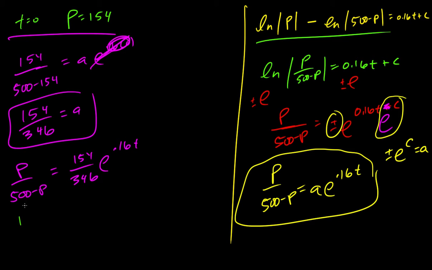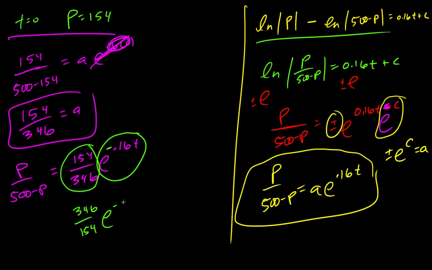It's actually going to be easier if I flip this upside down. So what I'm going to do is a little trick. I need to flip this upside down and flip this upside down. So this negative will flip that, and I'll get 346 over 154 e to the negative 0.16t, because negative would bring it down to the bottom, and then 500 minus p over p.